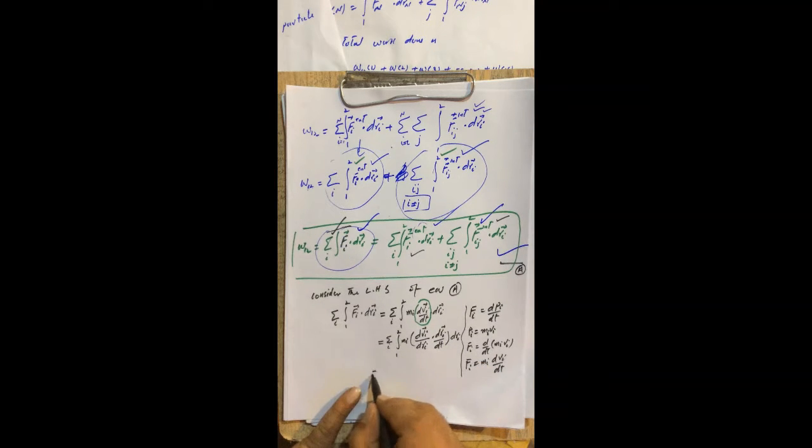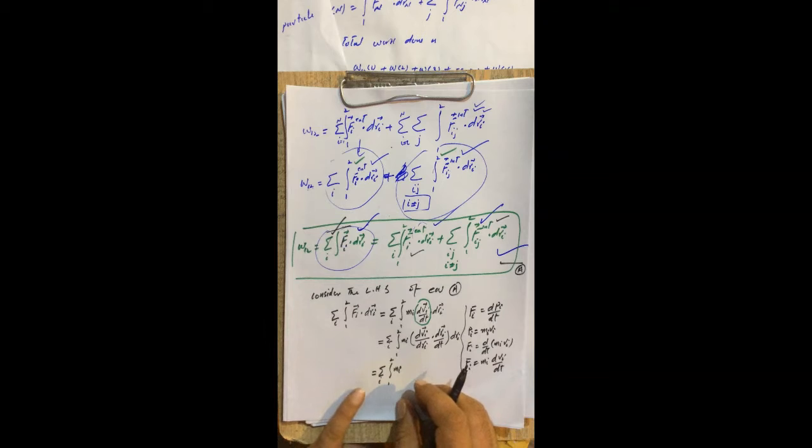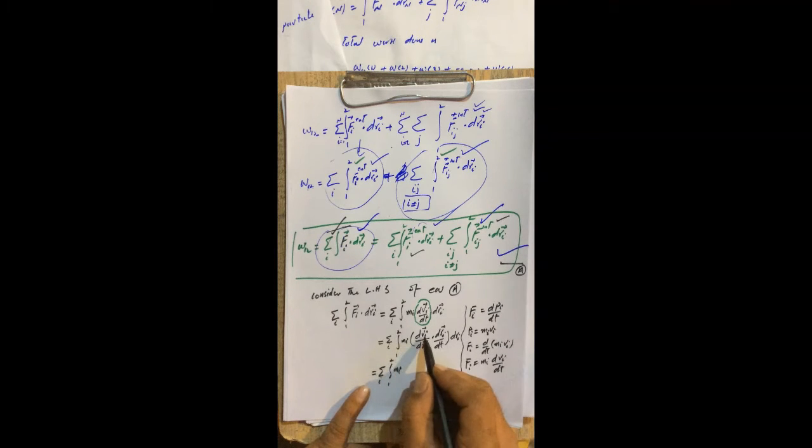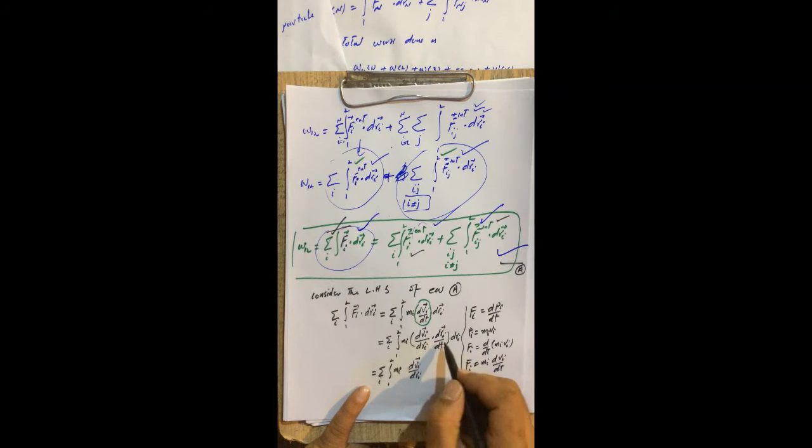So this can be written as sum over i, integral from 1 to 2, mi, dvi over dri, and dri over dt, but this is the rate of change of displacement, which is basically velocity vi, into dri.